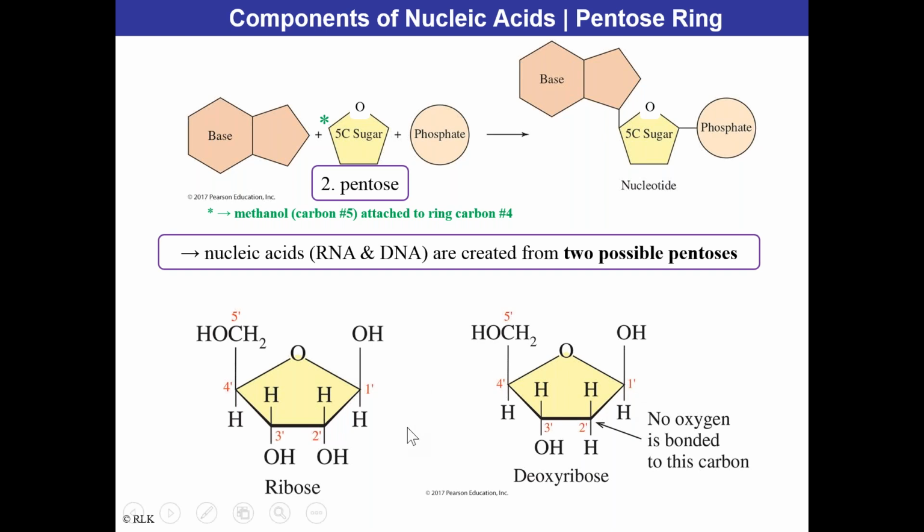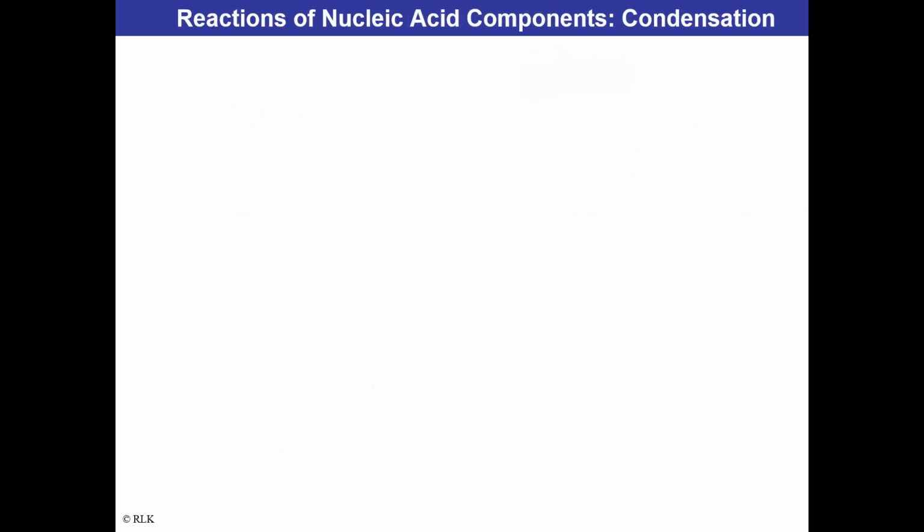But this is the basis then of having this type of 5 carbon sugar, and you can see what I mean where you had that methanol group coming off that 4 prime carbon there, where I had the asterisk above, and you have the methanol indicating. So that's where that is. So you have ribose or you have deoxyribose. The ribose is then present in RNA and the deoxyribose for DNA. In fact, that is what gives it its namesake.